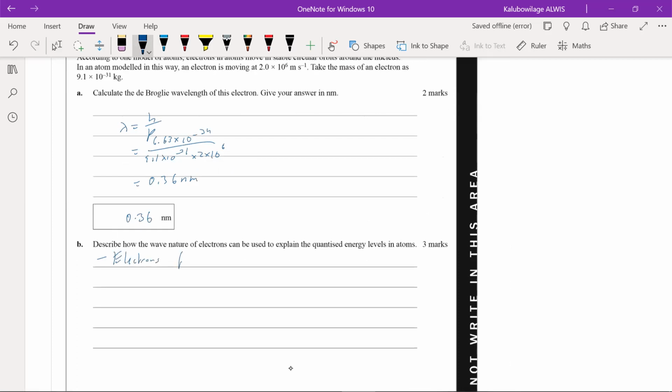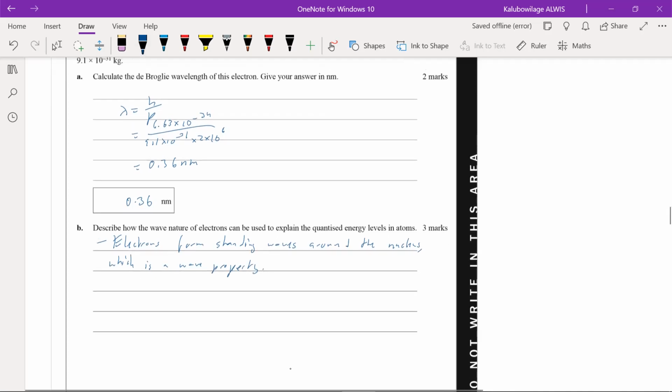Electrons form standing waves around the nucleus, which is wave. I'm just putting this in here because it's asking what the wave nature of electrons.